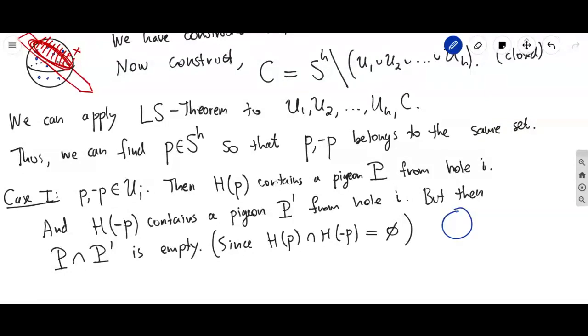I think the picture makes this very clear that if you were to draw a hemisphere this way and a hemisphere that way, they clearly have nothing in common because they're antipodal points. You're just cutting the sphere into two disjoint hemispheres. This is why it's important that they're antipodal points. So whatever pigeon you can find in this one and whatever pigeon you can find in that one, you've just found two pigeons. They both come from the same hole, and both of those pigeons' intersection is empty.